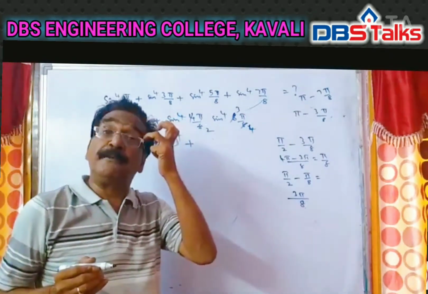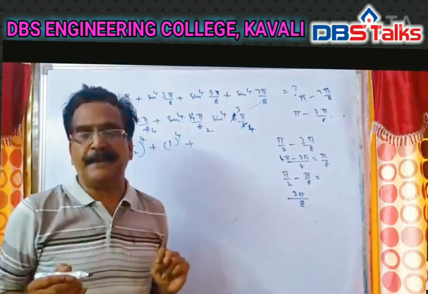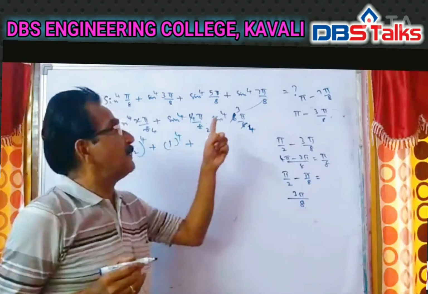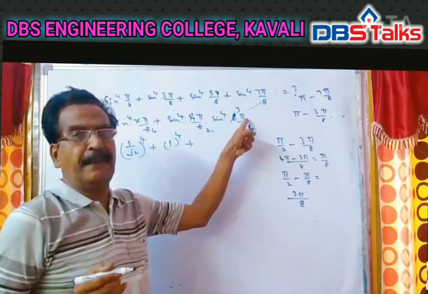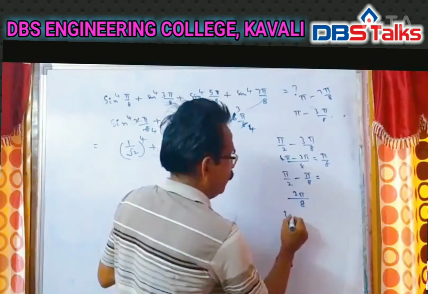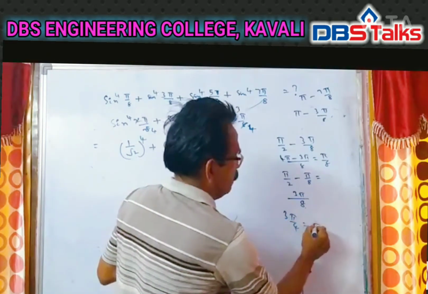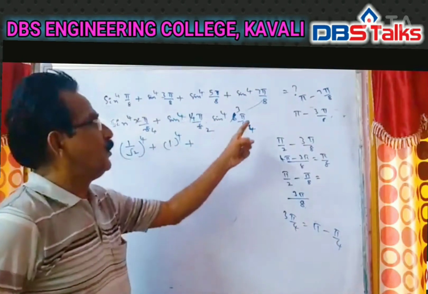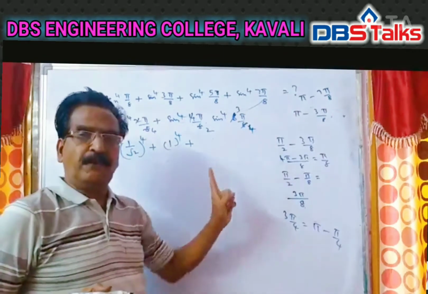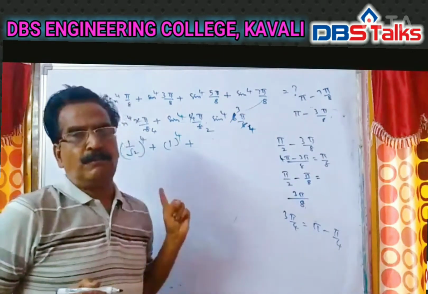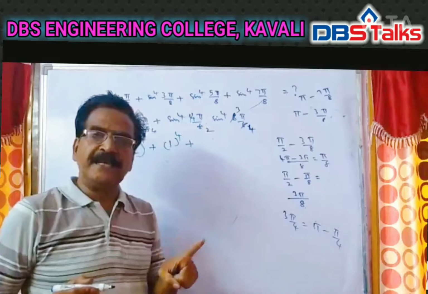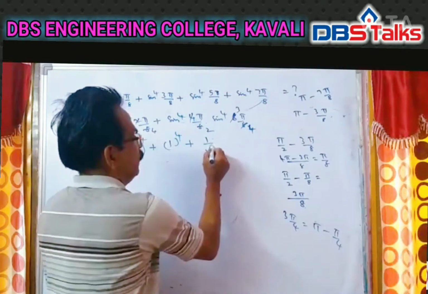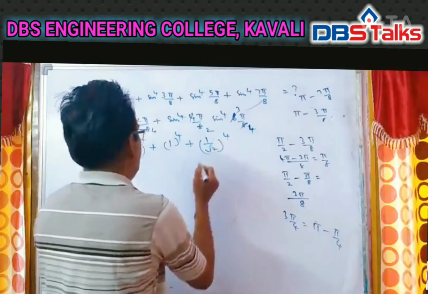Sin 3 pi by 4 means sin 135 degrees, which is sin of pi minus pi by 4, so sin 3 pi by 4 equals sin pi by 4, which is 1 by root 2, whole power 4.